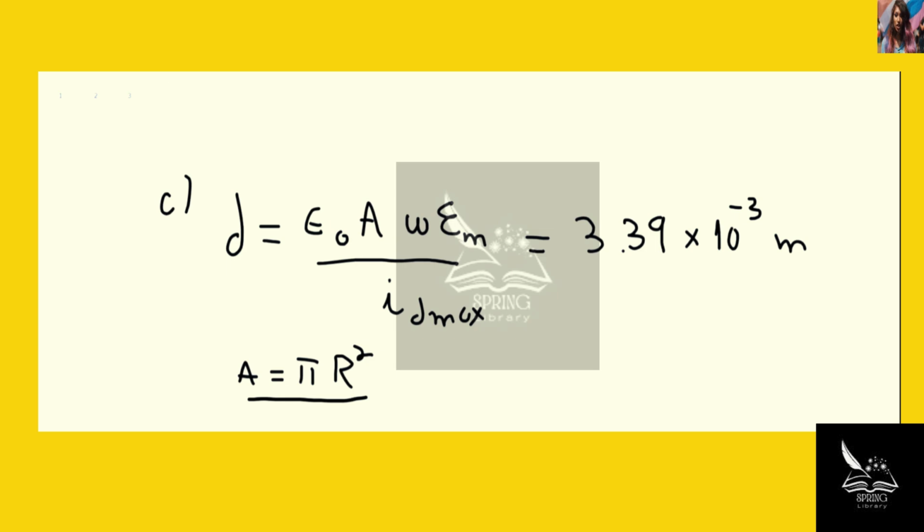Now for the last part, we want to know the maximum value of the magnitude of the magnetic field between the plates at a distance of 11 centimeters from the center.